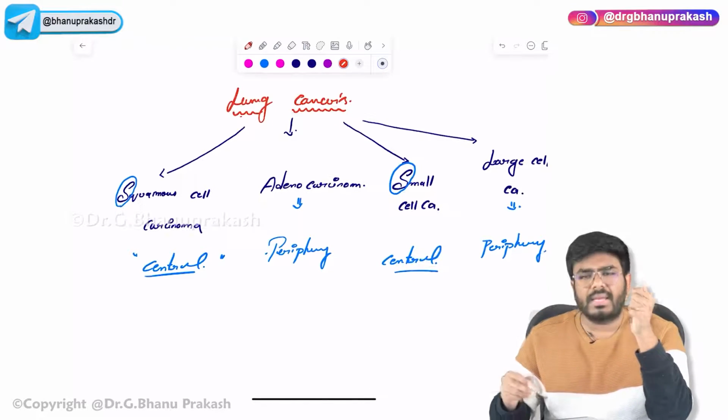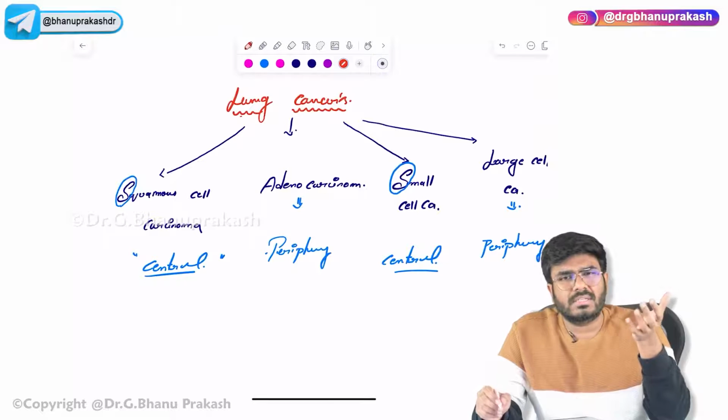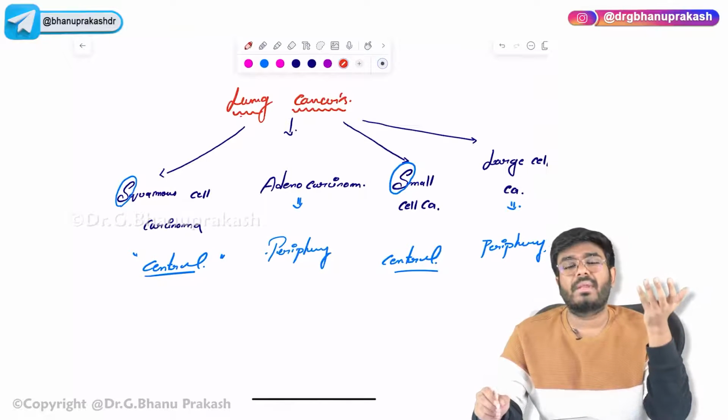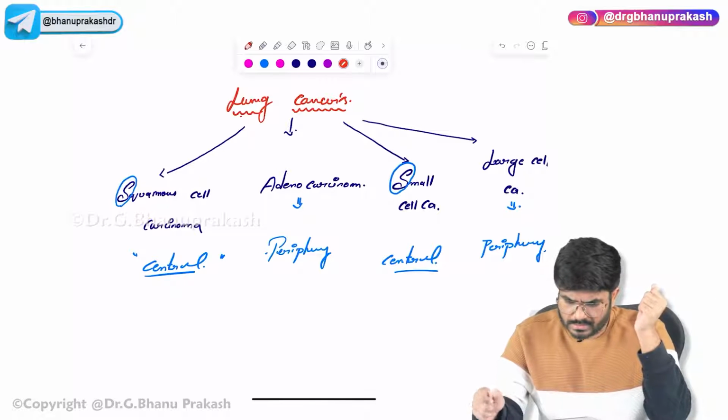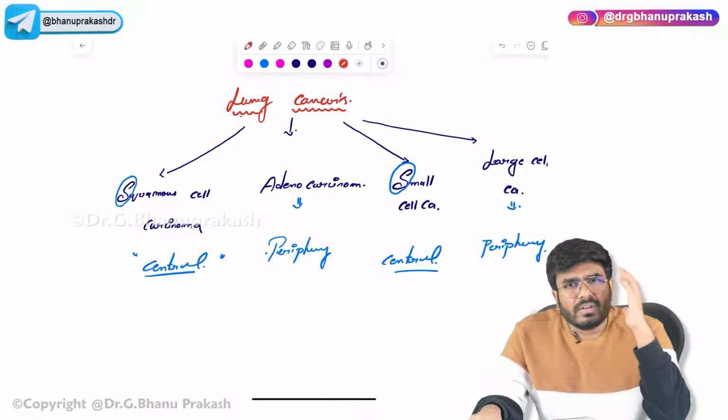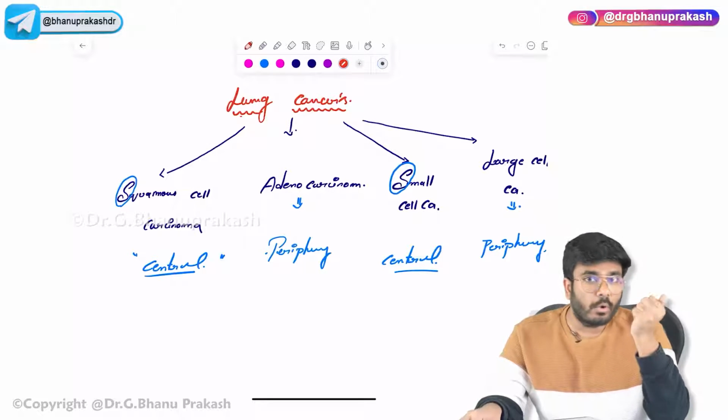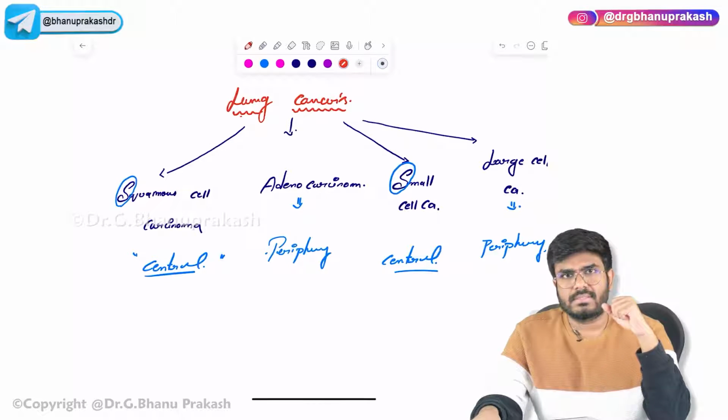Now whenever I am talking about lung cancer, that is the most common cancer causing death worldwide. See, whenever I am talking about lung cancer, what will come to your mind? What is the risk factor? The most important risk factor is smoking. Smokers will get lung cancers, right?